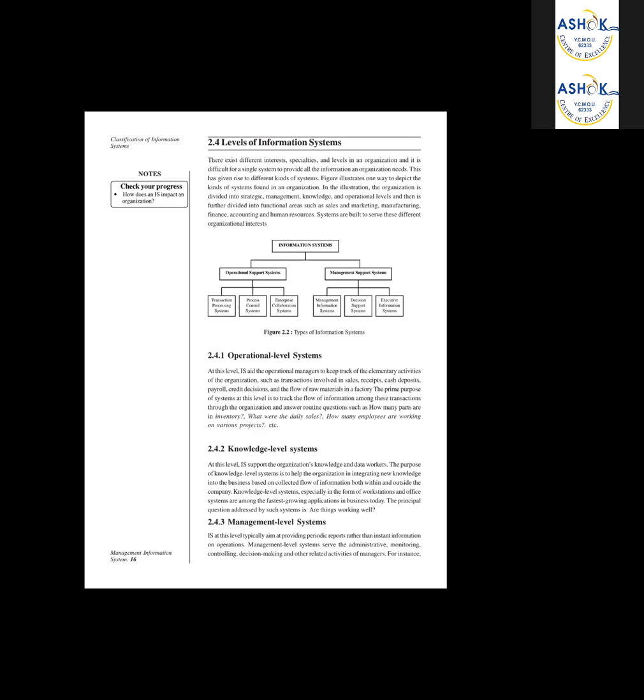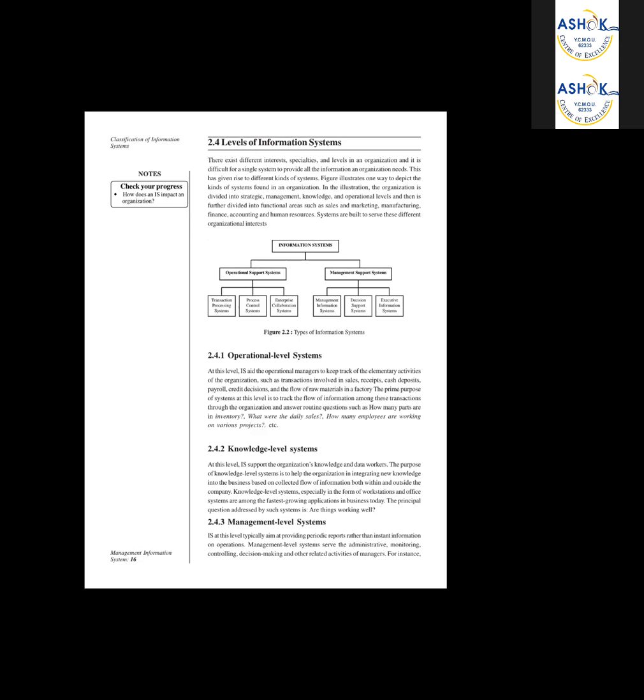Operational level system. At this level, information systems aid the operational manager to keep track of the elementary activities of the organization, such as transactions in sales, cash deposits, payrolls, credit decisions, and the flow of raw materials in a factory.